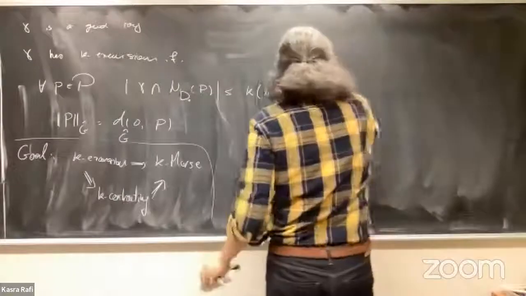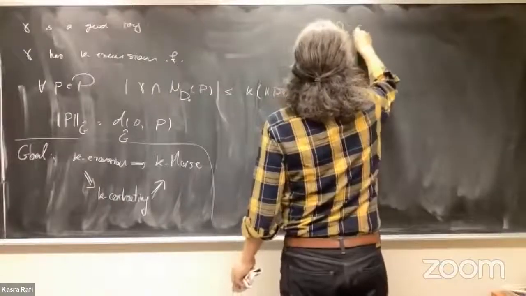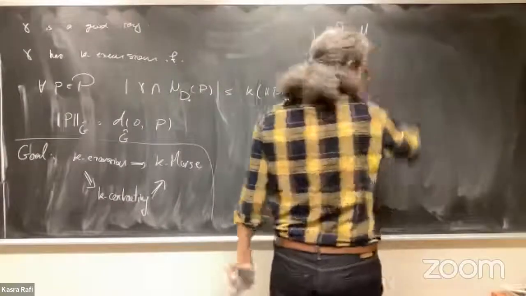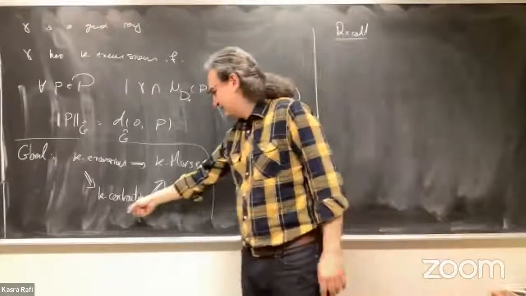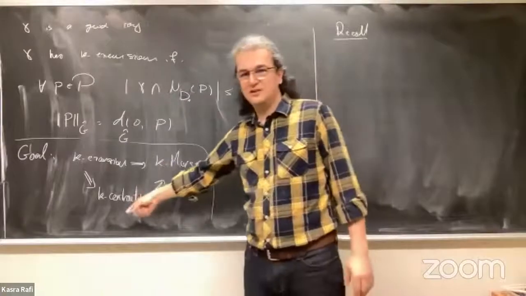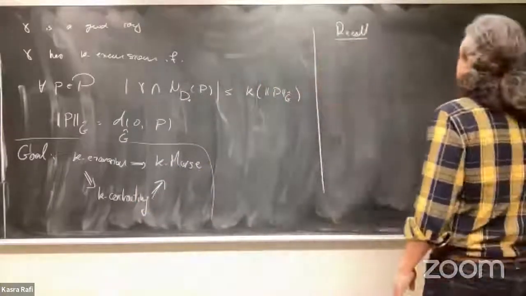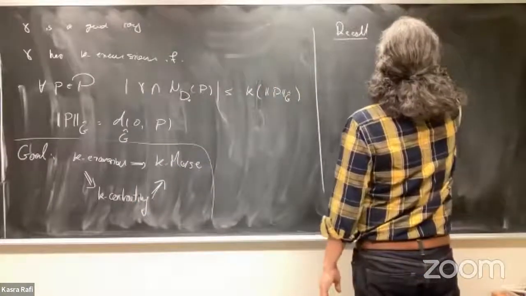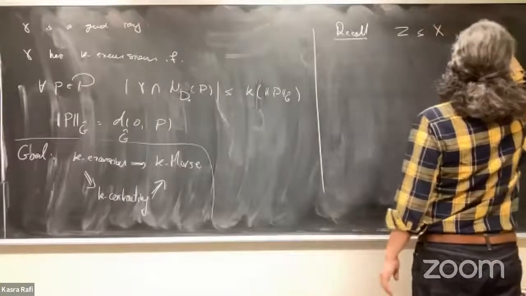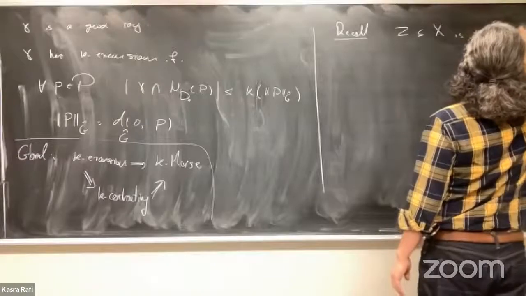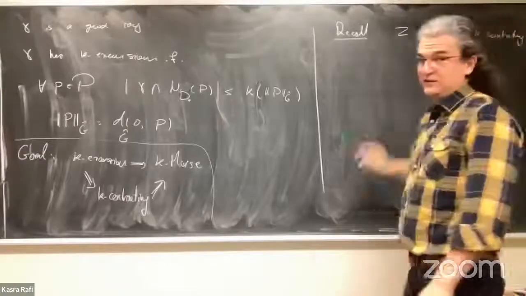So recall, I don't have to define kappa Morse today because kappa contracting implies kappa Morse, and we're already going to prove the contracting one. So I would say a set Z sitting inside of X is kappa contracting. Can you guys see all the way to the end?